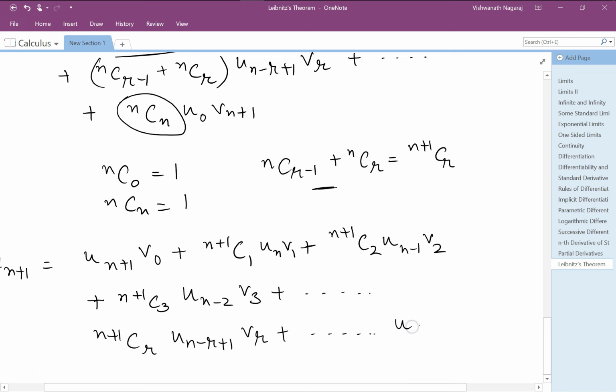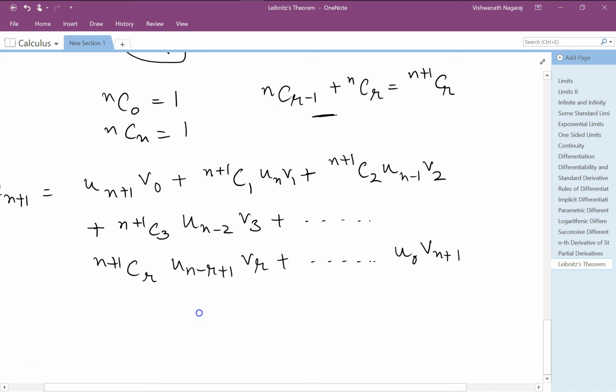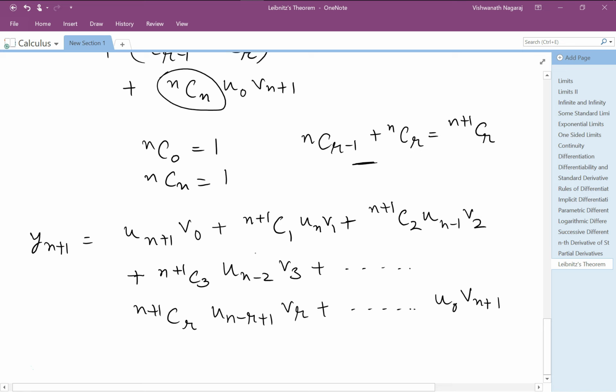So u0 vn plus 1. Yes. Now everything is perfect, right, except the first term and the last term, because it doesn't have this c combination. Everything else matches the pattern of yn.